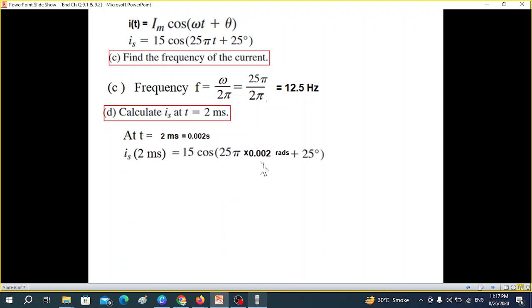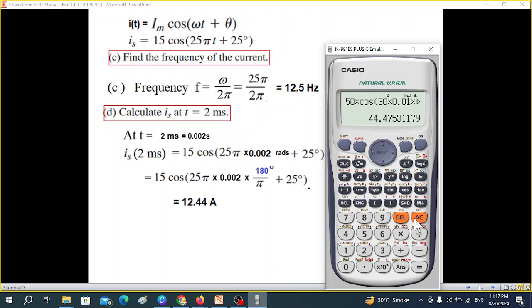So putting in the value, and again we have to convert the radians into angle, same formula and same technique that we did. Let's do it again here.